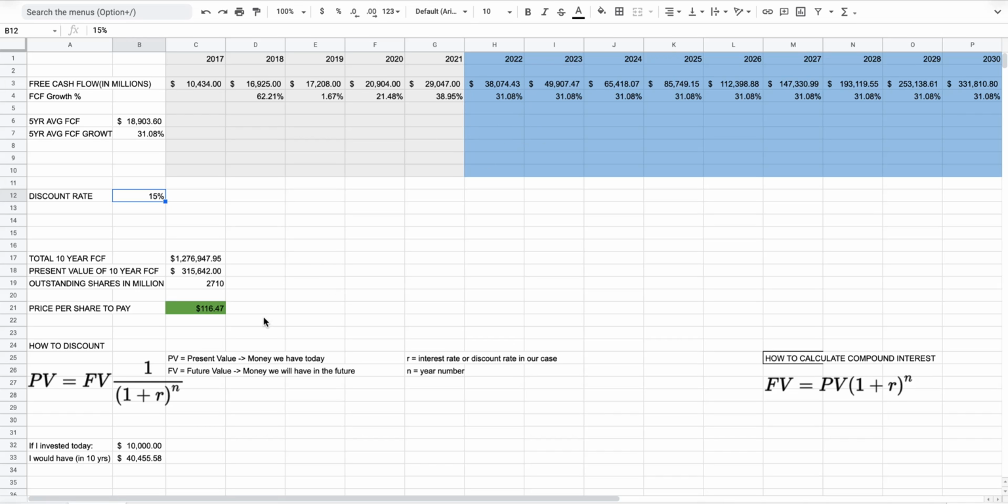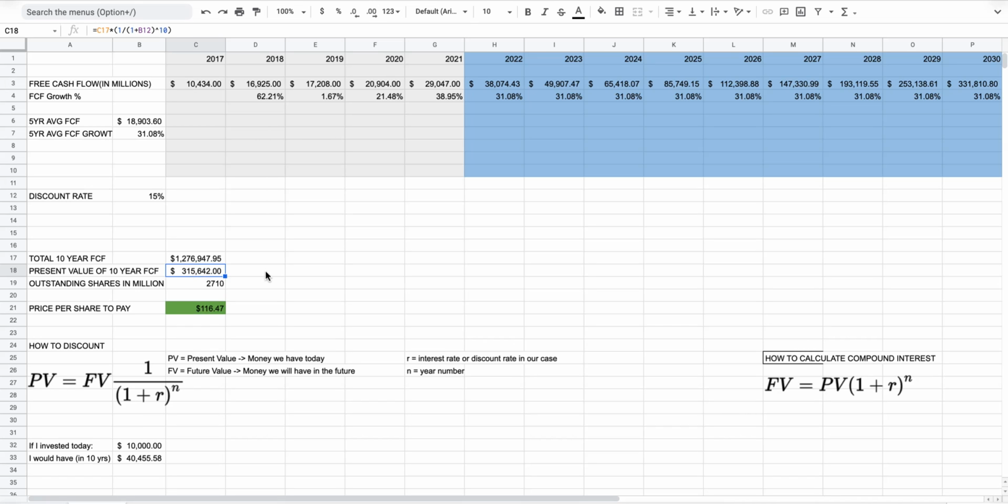This is a formula that I have also added here, the discount formula, and it tells you how much the present value of a future value is. So what is the present value of 1.2 trillion is what we're calculating. As you can see, this formula calculates that this is $315 billion.